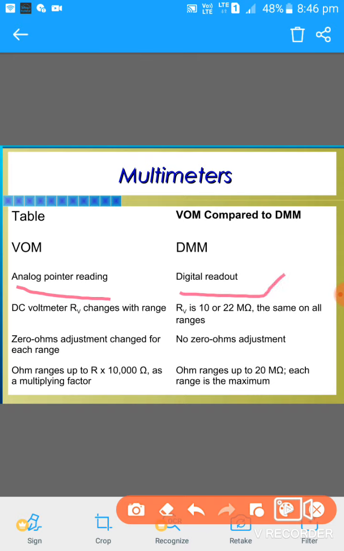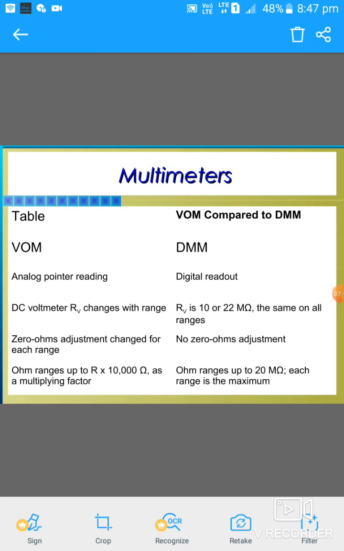In the digital multimeter we can observe the reading directly on the display, such as 8.25. In an analog multimeter it can't be displayed directly; we need to observe the reading with the help of the pointer. This is one of the differences between the two meters.